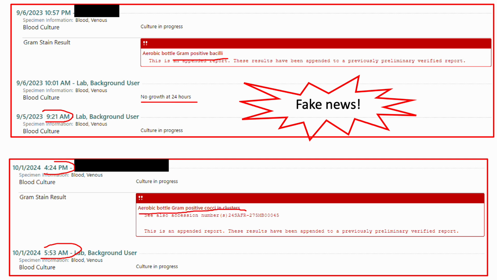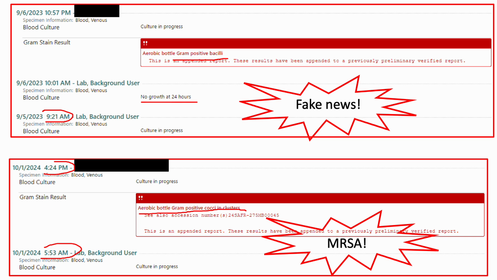As we mentioned before, gram-positive cocci in clusters could be Staph epidermidis, but also could be MRSA or MSSA, Staph aureus. But because it grew a little bit faster and the patient did have some features of sepsis, we thought it's probably true bacteremia. It was proven later to be MRSA bacteremia, and the patient had a true bacteremia. I think it was from an intravenous catheter, if I remember correctly.